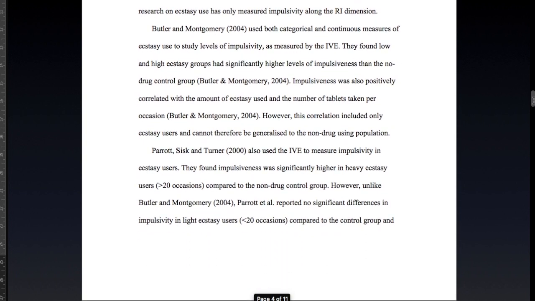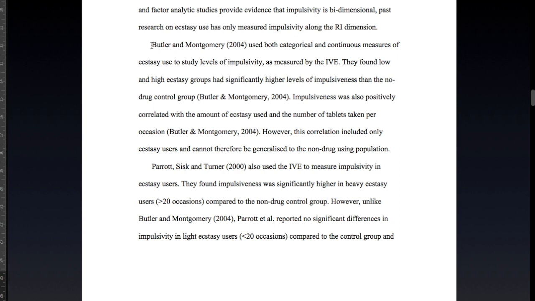And then I talk about some other studies. These people use categorical and continuous measures of ecstasy use. What they found, low and high ecstasy groups had significantly higher levels of impulsiveness than the non-drug control group. Impulsiveness was also positively correlated with the amount of ecstasy use and number taken.